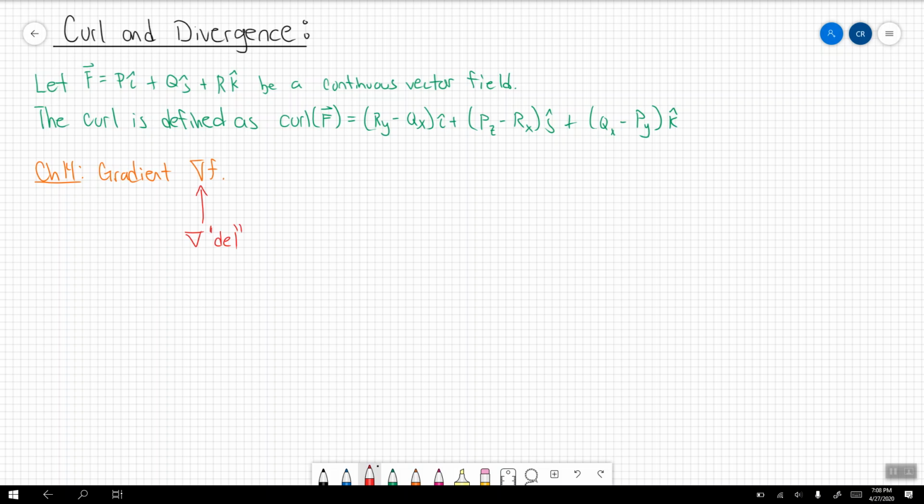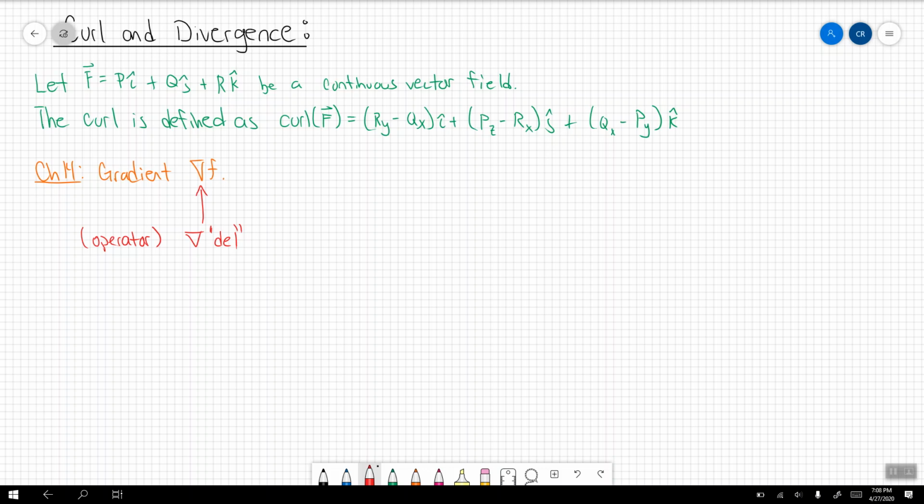Del is an operator. And it's an operator in the sense that addition, subtraction, division, those are all operators, right? They do something to this numerical value or to this function that we're looking at. The same thing with del.